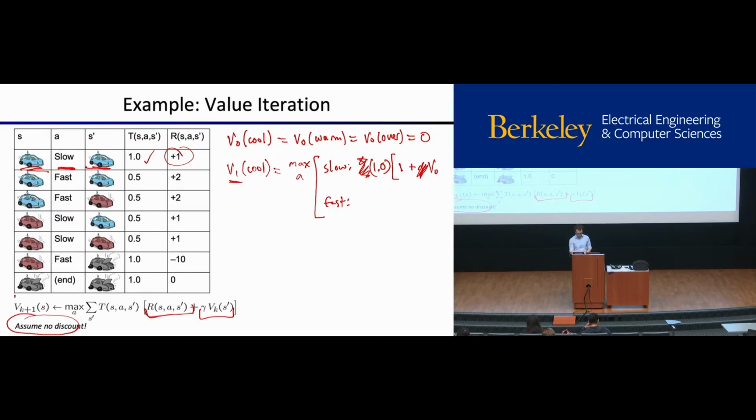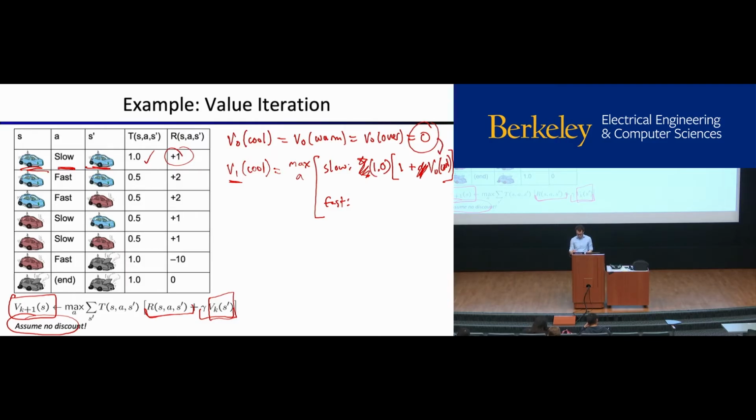We have a recipe for how we get V K plus 1 from V K. So we're trying to define V1, we've got to define it in terms of V0, and this is V0 of cool, because that's the next state. Okay? So we can write in the value from here. We already have that.